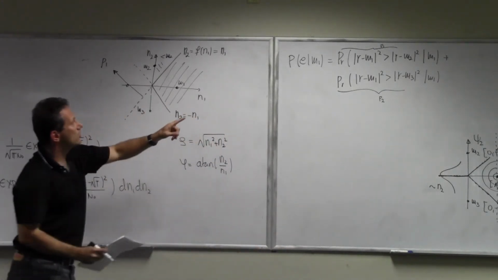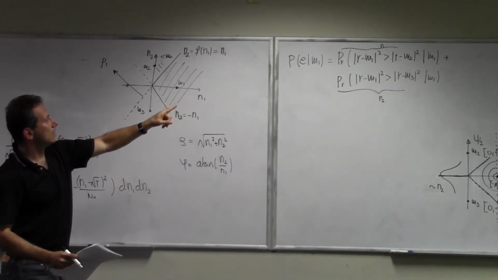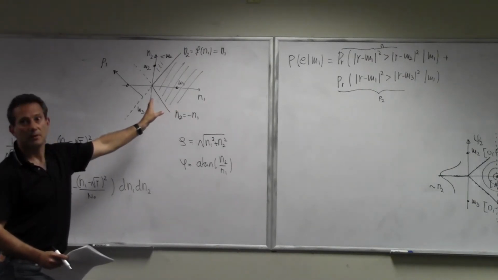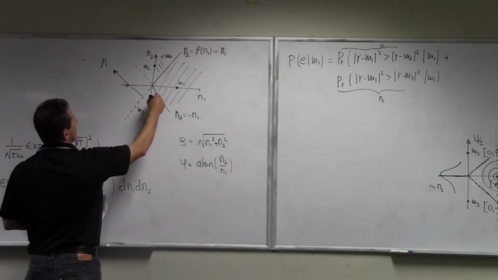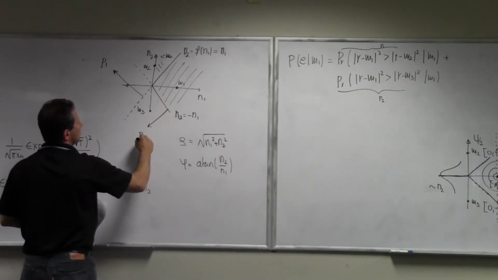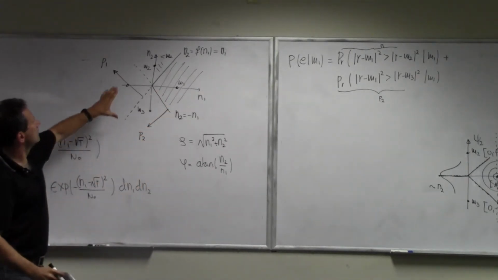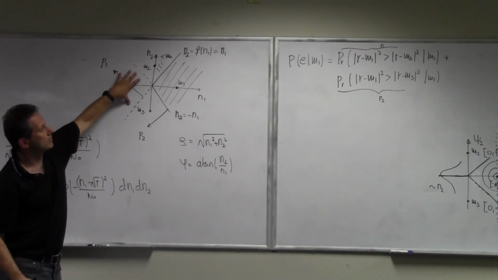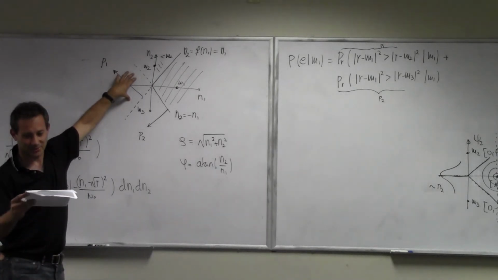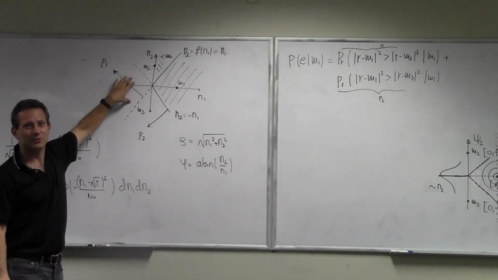P2 is where I'm closer to M3 than I am to M1. Where does this happen? Everywhere here. So this is P2. If you now look, there is a significant overlap where these two are, so I have to subtract this, right? And I don't think he does that in the solution. No. So the solution is not correct.